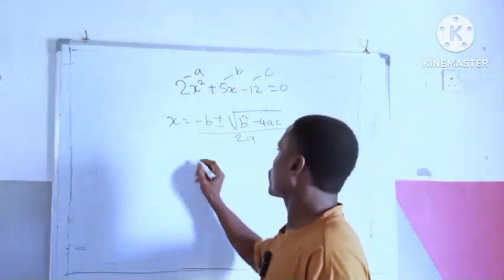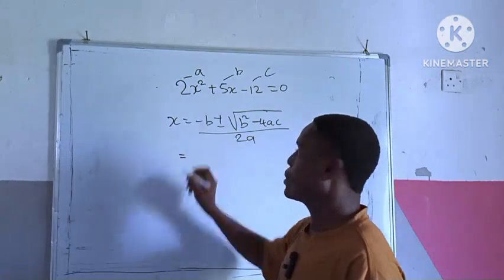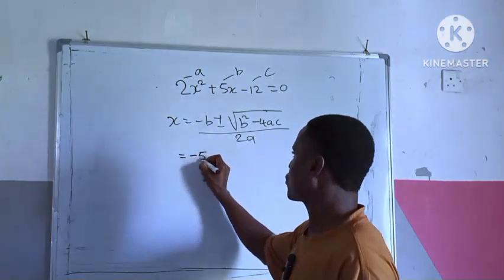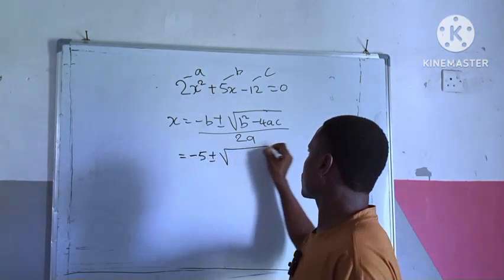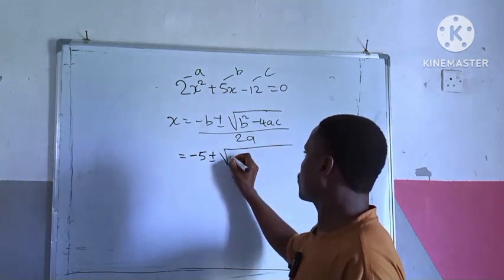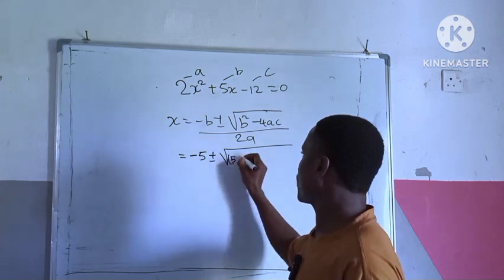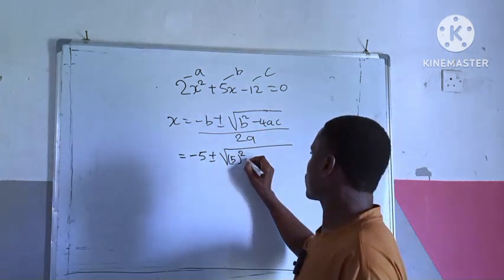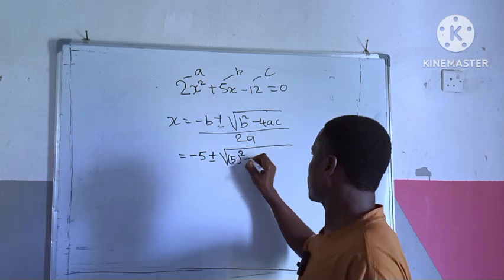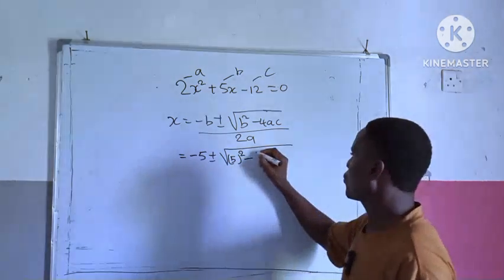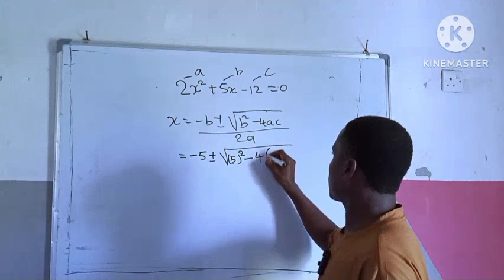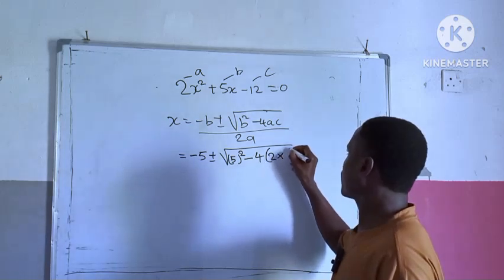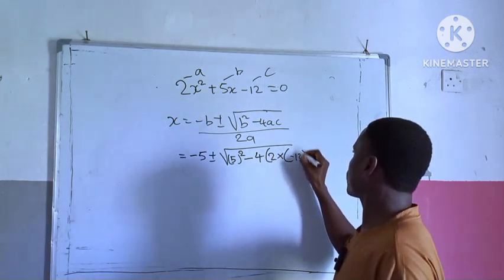So let's substitute. x equals, b is 5, and we have a minus sign here, so it will be minus 5 plus or minus the square root. b is 5, and we have a square here, so we raise it to power 2. Then minus 4 multiplied by a, which is 2, multiplied by c, which is minus 12.